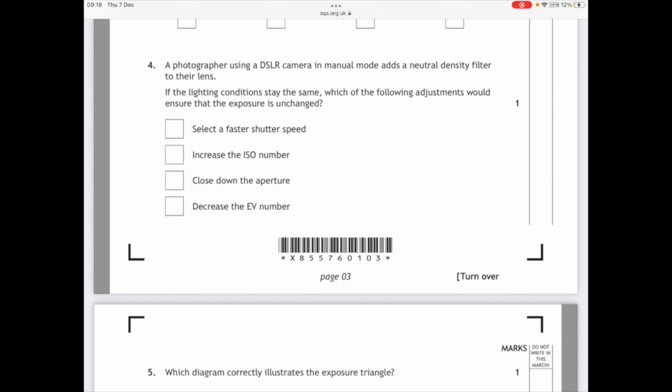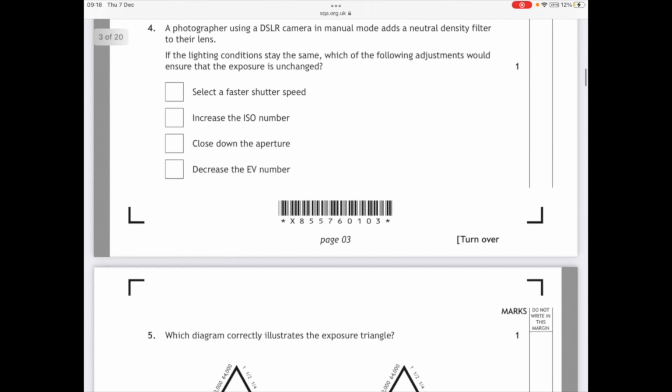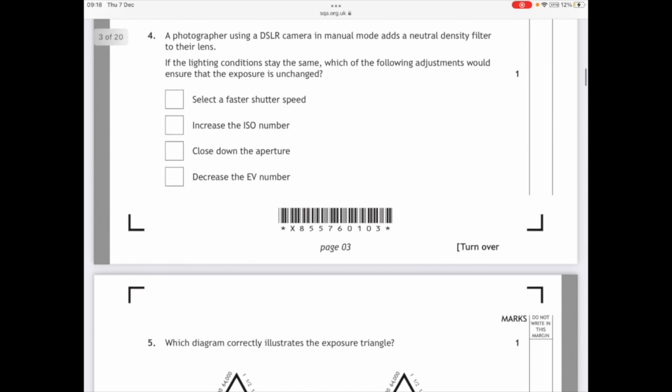Okay, so the correct answer for that one is increase the ISO number. That would be the only option there which would counteract putting a neutral density filter onto the lens. So remember, a neutral density filter allows you to use longer shutter speeds when you take an image. You can place a neutral density filter onto your lens, and it's almost like sunglasses for your lens.